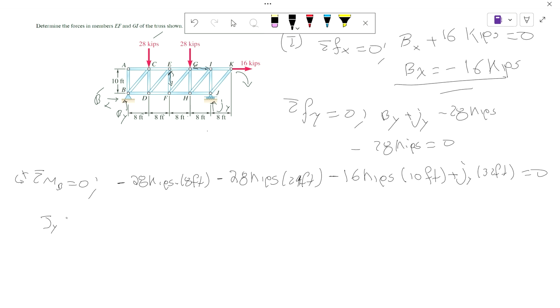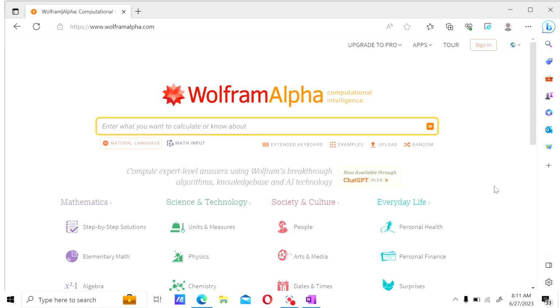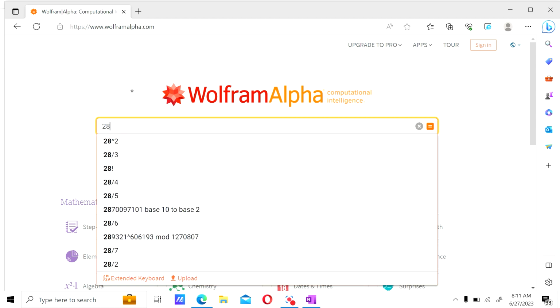So Jy times 32 is equal to 28 times 8 plus 28 times 24 plus 16 times 10.